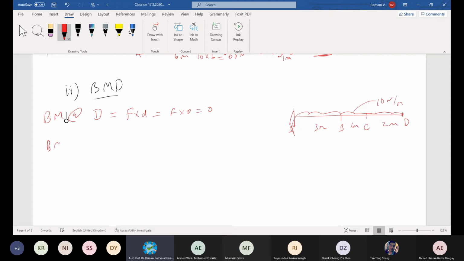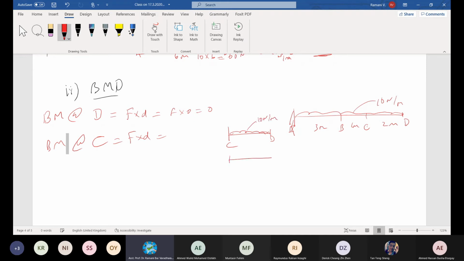And then bending moment at C, come on. What is happening at C? Force into distance, how much is it? At C, you must take the member until C, your UDL. Okay, please listen carefully. Your UDL is 10 Newton per meter.